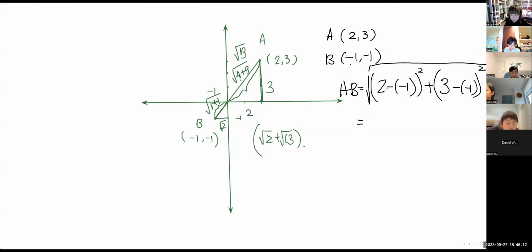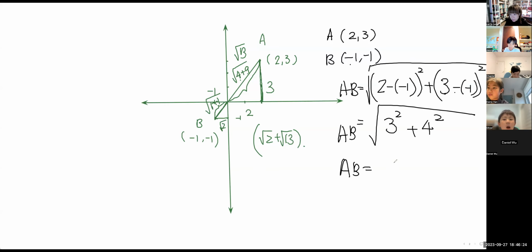So 2 minus -1 equals 3. So 3 squared plus 3 minus -1, so it's 4 squared. So AB equals 9 plus 16 equals square root of 25, so equals 5.